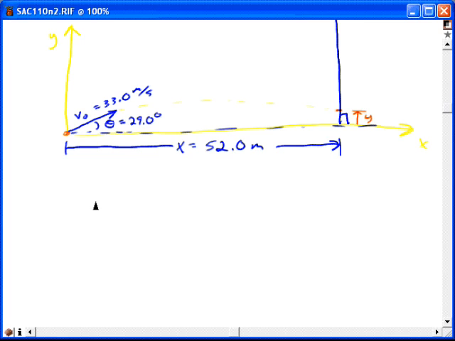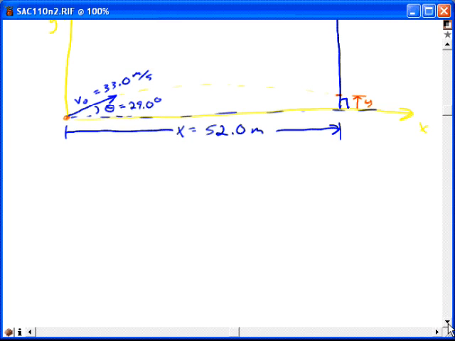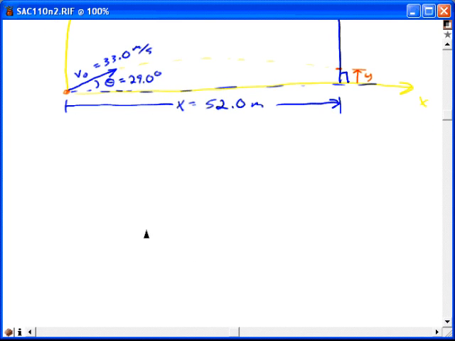Remember, we have to consider the x motion and the y motion separately, but v0 corresponds to a velocity that's partly in the x direction, partly in the y direction. So to get started, we have to break up v0 into its x and y components. Let's get a little vector component diagram going for the vector v0.